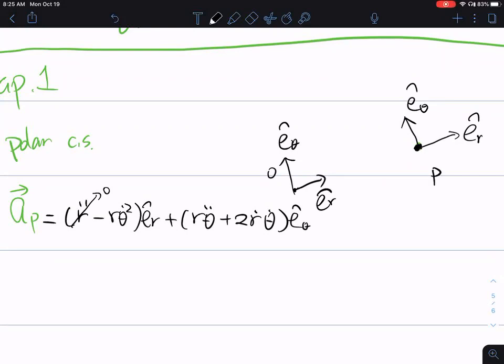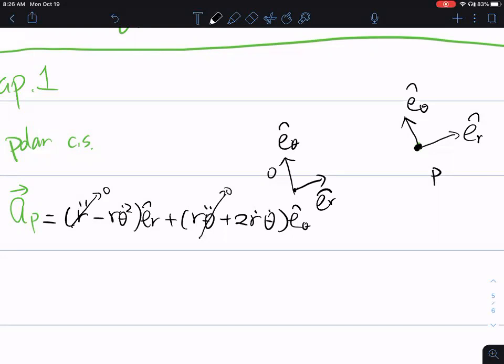Do we know anything about theta dot in this problem? Is it given as omega? Yeah, omega is angular velocity. Theta dot is how fast that theta angle is changing. That's angular velocity. So we know R, we know theta dot, and theta double dot is 0. Let's get rid of that.